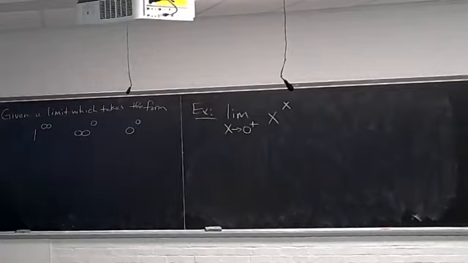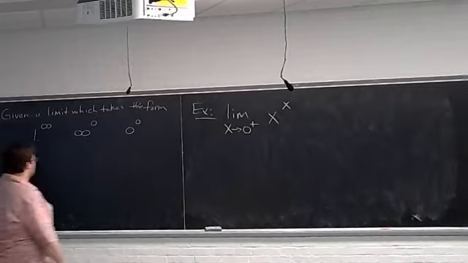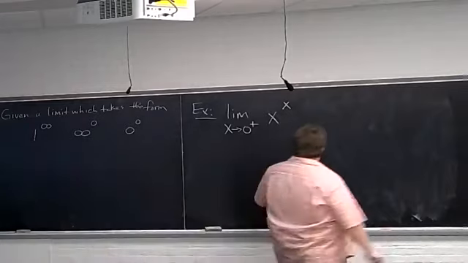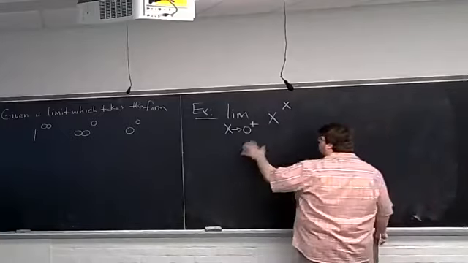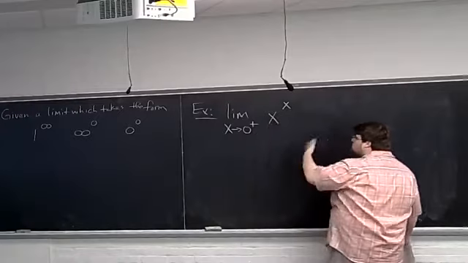But if you try to take a limit and it takes one of these forms, meaning using a substitution-like argument, if it takes one of these forms. For example, this limit that we're going to do after that discussion takes that last form because the substitution gives us 0 to the 0.